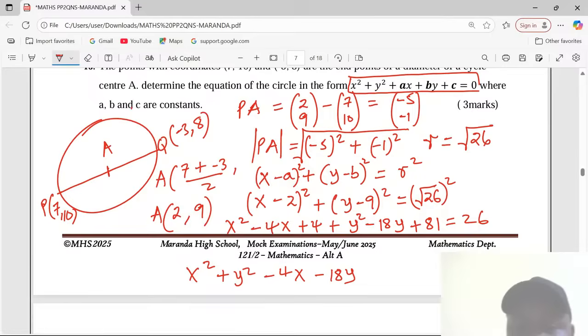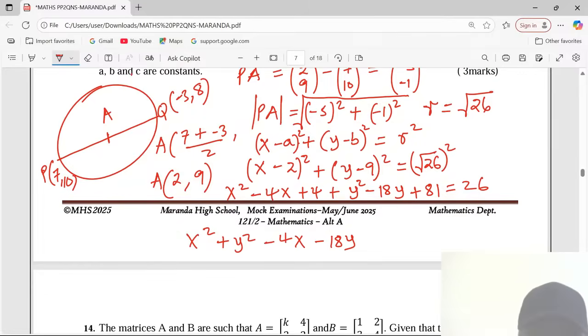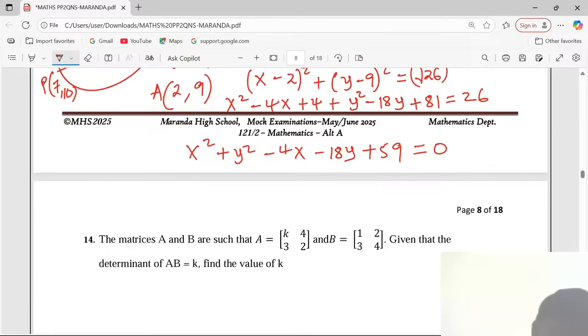Then the constant now. We have to take 4 plus 81 minus 26. We get 59. Then we remain with a 0 on the right hand side. So that is it.